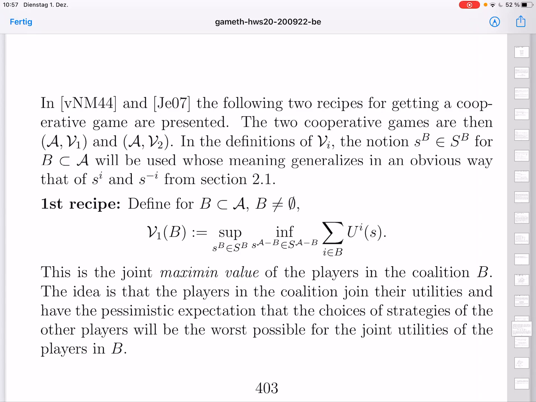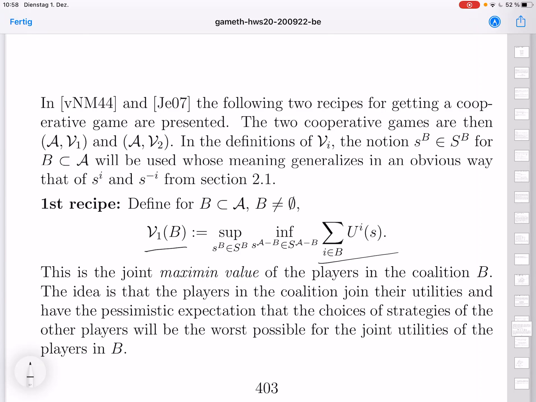So in the first recipe, the idea is that we have a fixed coalition B, and the utility will be the sum of their utilities of a strategy combination. So the coalition value here will be a sum of utilities of the players in the subset B. And now it arises as follows.